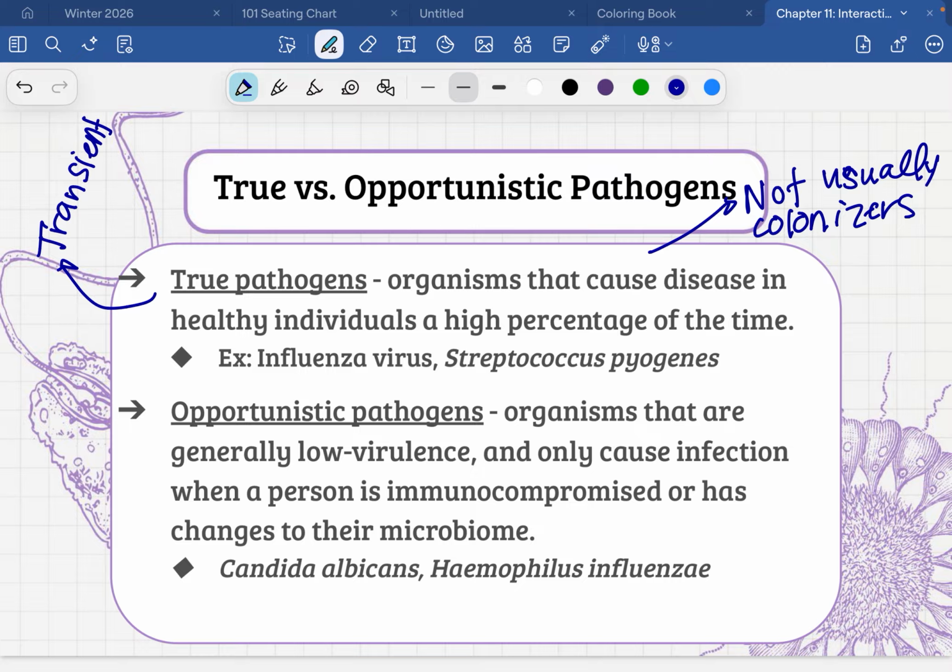Most of the time Candida albicans hangs around, doesn't do anything bad, part of our normal flora, no big deal. But if you are on antibiotics, or if you have COVID, or if you're a baby who has no immune system, sometimes that Candida albicans will take over and cause infections. So that's the difference between a true pathogen and an opportunistic pathogen.